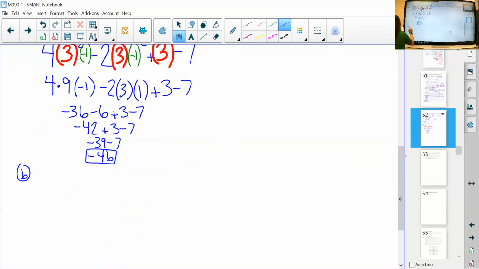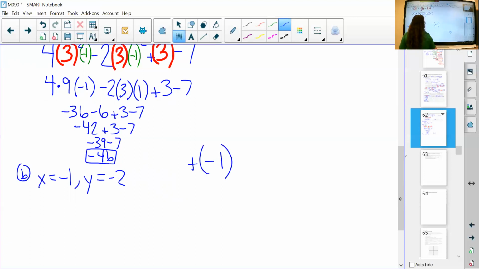For B, we have x equals negative 1 and y equals negative 2. Go ahead and plug those in. I like to have parentheses around everything so that I don't get anything confused with my minus sign. So notice that I had parentheses even here. They're not really needed, but it just reminds me that if I plug in a negative, I'm not going to write it as plus minus 1.